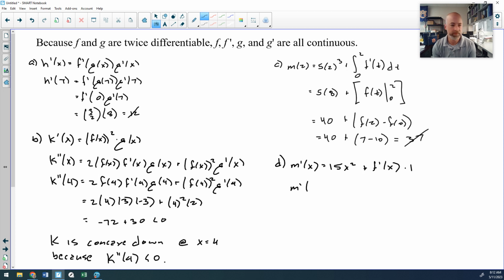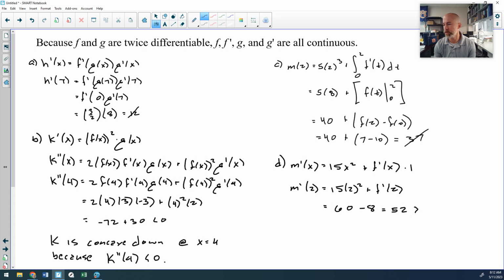So now I am determining whether this function is increasing, decreasing, or neither at 2. So 15 times 2 squared plus f prime of 2 is going to be 15 times 4 is 60. F prime of 2 is negative 8. That would be 52.